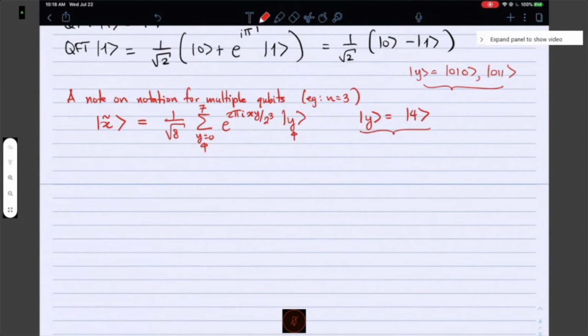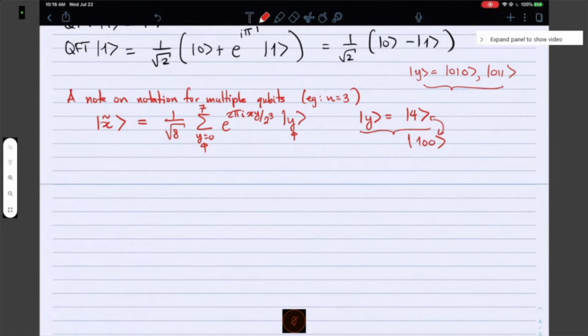This is the abuse of notation that I'm trying to warn you about. Every time you see something like this, what it really means is the binary representation for that number. So 4, for example, is 1, 0, 0. That's what that expression means. Because writing all these 0s and 1s can be laborious, you see people writing down either the 1, 0, 0 type notation or just writing down 4.